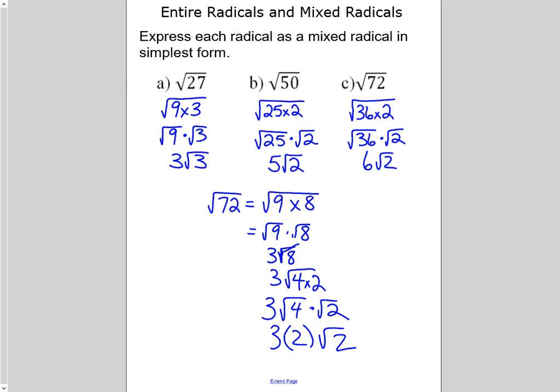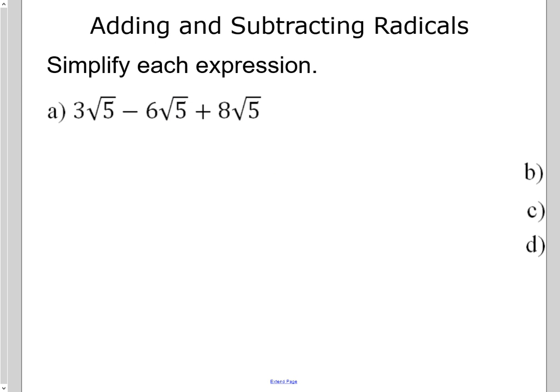I don't want you to think the number is 32 now. It's not 32. It's 3 times 2, so 6 root 2. And lo and behold, it's the same thing as what we had gotten over there. So if you don't pick the largest perfect square number, that's okay, because you can still simplify it further and keep going.